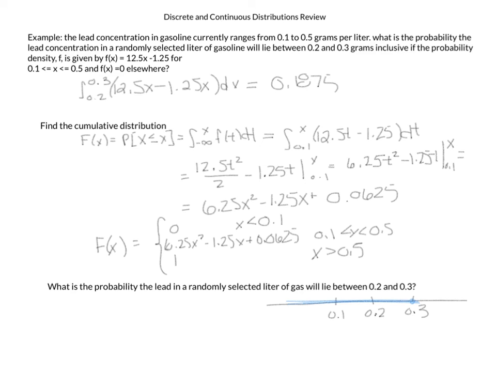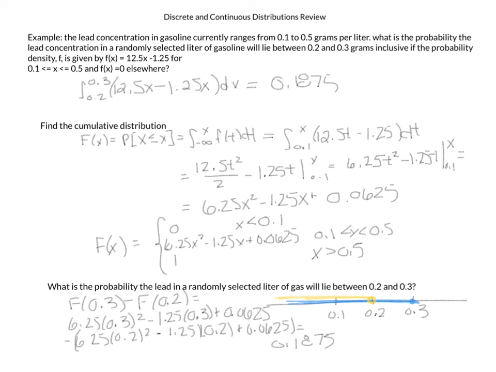My cumulative distribution of 0.2 is the probability of 0.2 and less. So if I want to know if it's between 0.2 and 0.3, I can subtract the cumulative distribution at 0.2 from the cumulative distribution at 0.3. So I go ahead and plug in my 0.3 and 0.2 into my cumulative distributions. This is 0.3, this is 0.2, and I get the same answer as using my density, which is good.